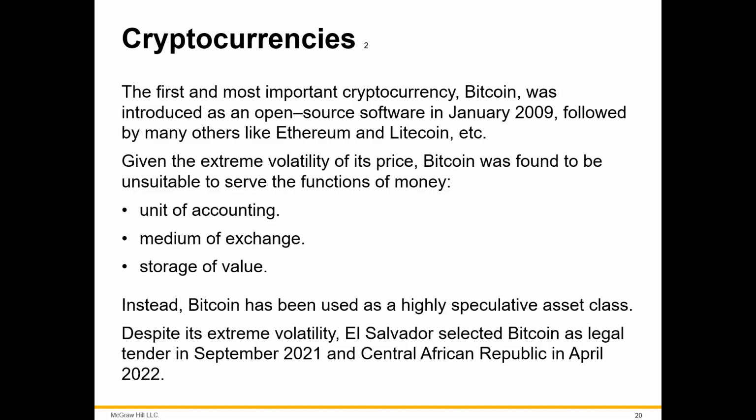The exception to that is stable coins like Tether. US dollar Tether is a cryptocurrency, but it's mechanistically designed to be worth, in practice at almost all times, exactly $1.